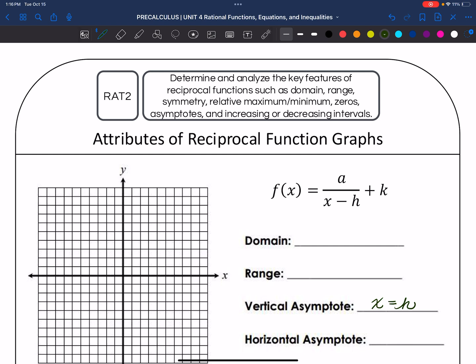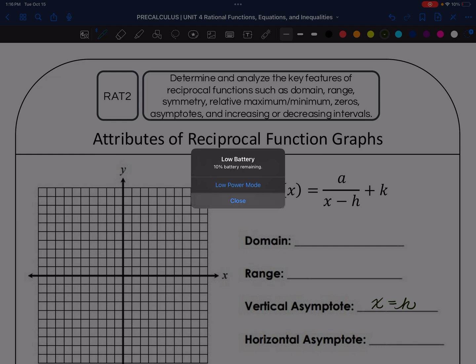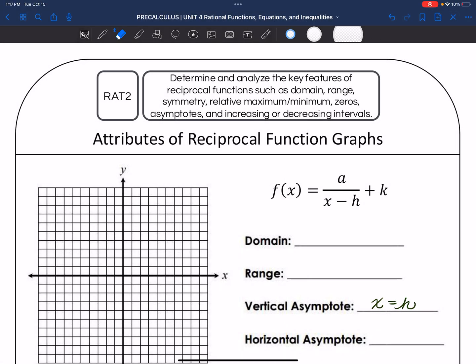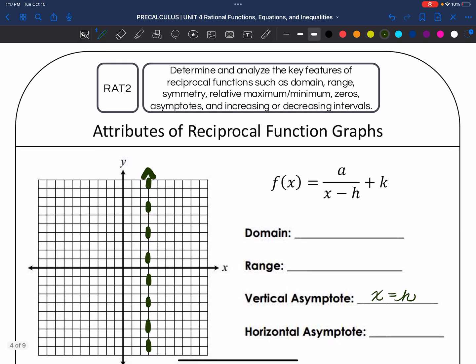If I were to sketch that on my coordinate plane, let's pick just an arbitrary value and create a little vertical asymptote, trying to make those dashed lines really clear for you. That is the line x equals h.